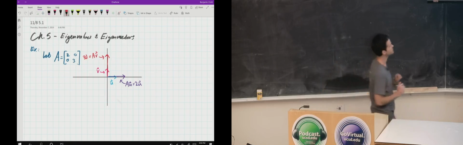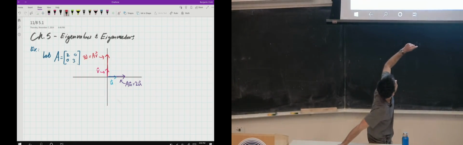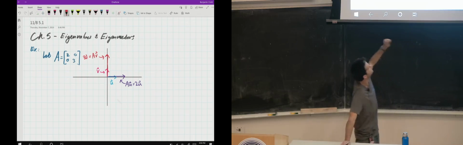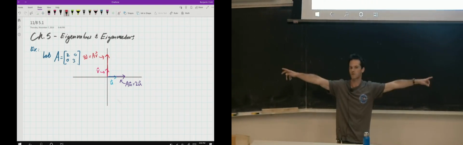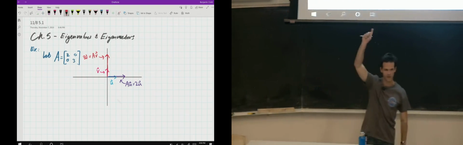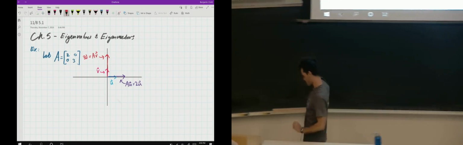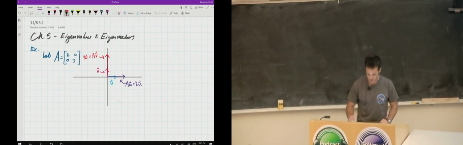So you could say this matrix A stretches things horizontally by a factor of 2. It stretches things vertically by a factor of 3. So that's kind of easy to understand.